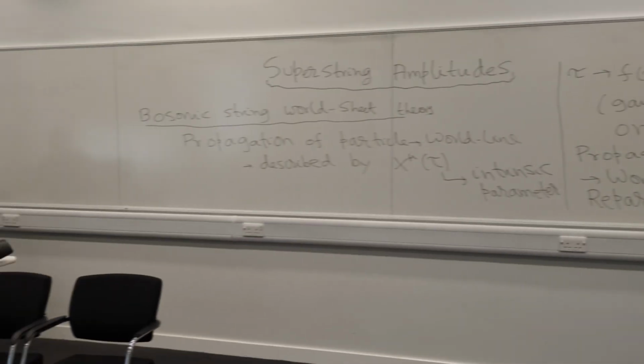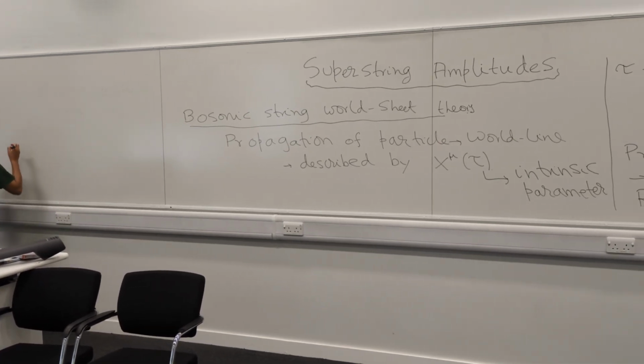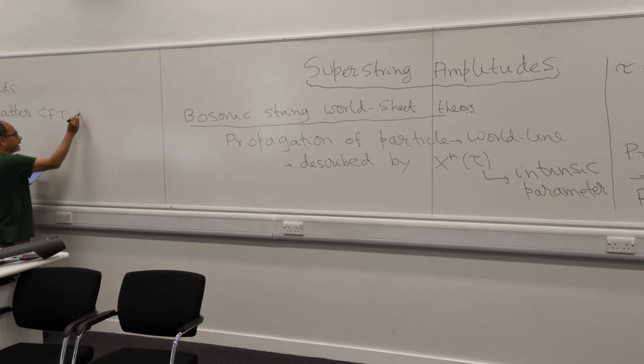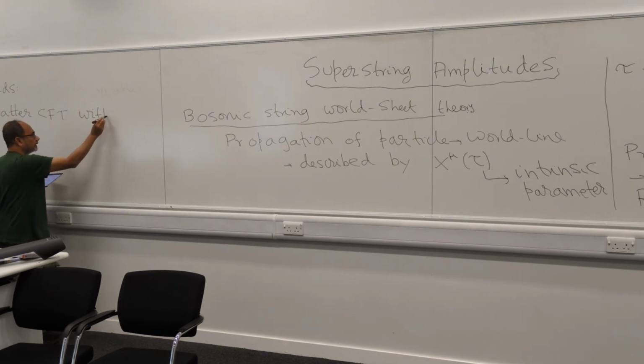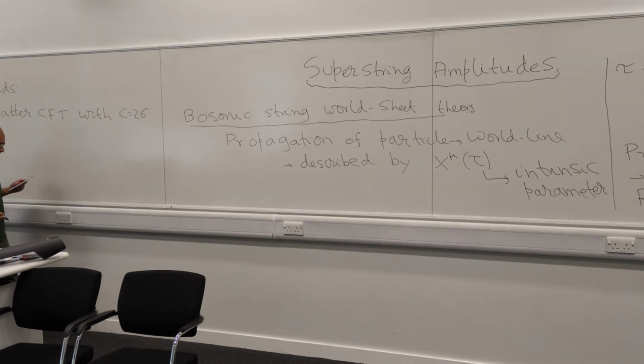So let me begin by writing down the field content of the theory. So fields are matter CFT with central charge 26, and these in fact come from the X mu's.